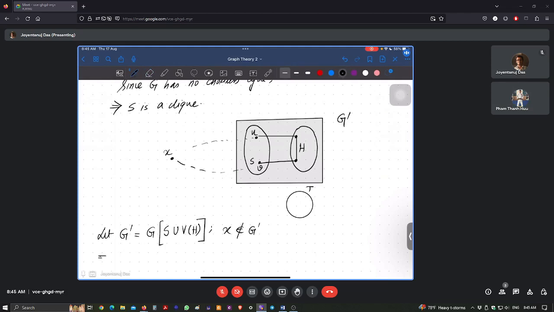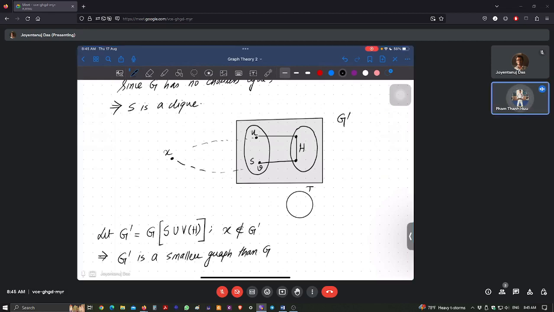So this implies G prime is a smaller graph than G, right? Now we can apply the induction hypothesis to G prime and take a vertex u belongs to S, right?